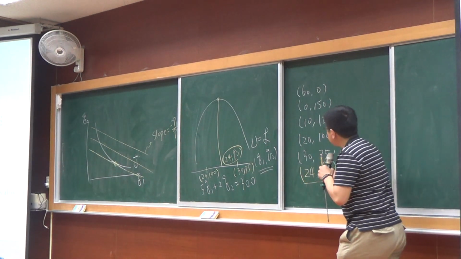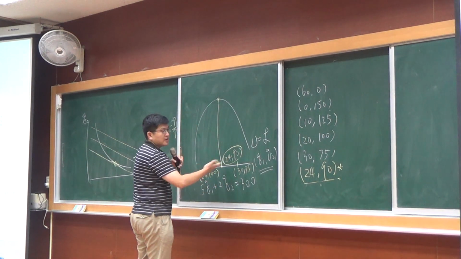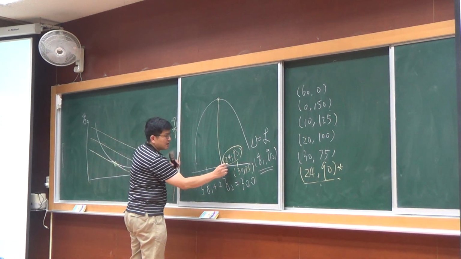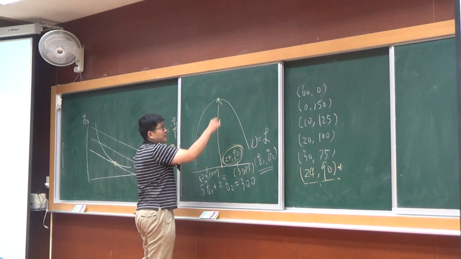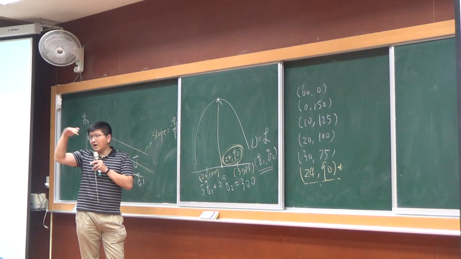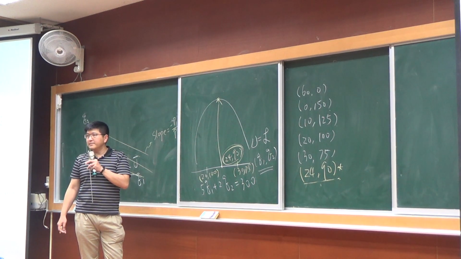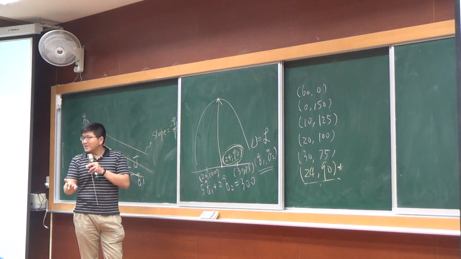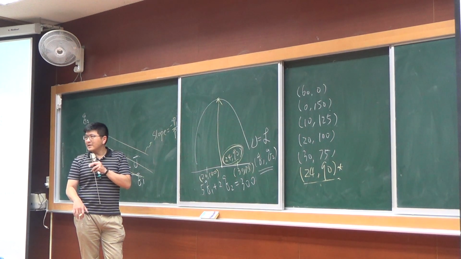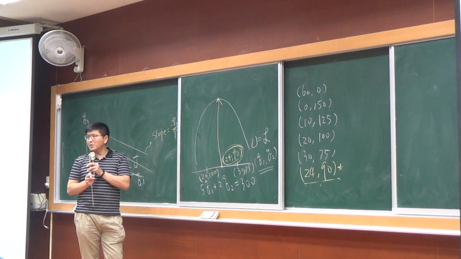So the optimal choice, which means on the plane of Q1 and Q2, once you choose 24, 90, you will reach the optimal level of utility, the highest utility, right? Because our objective is to what? To maximize our utility, right? This is what we want.